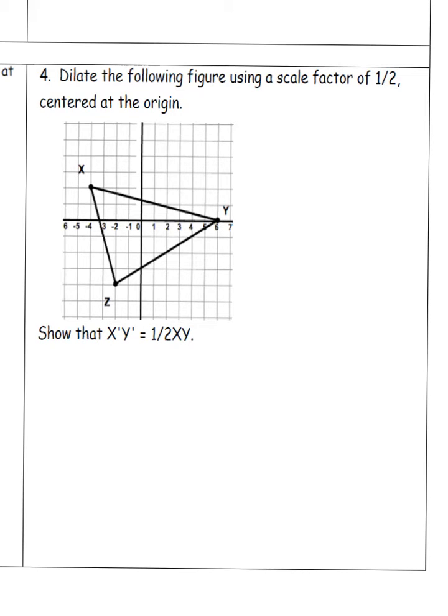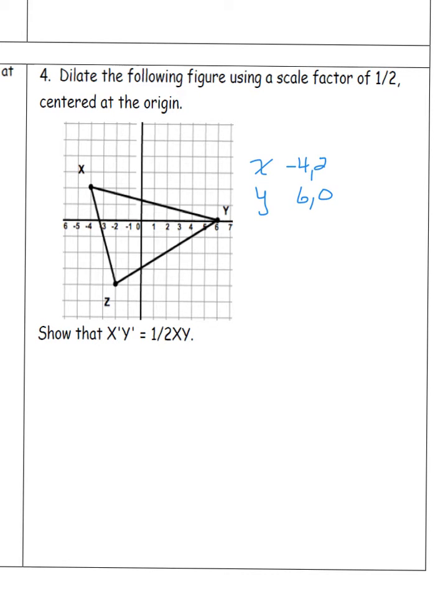Alright, so the x here, the original x, is at -4, 2. The original y, and again I'm using these because they're in the problem, it says to use x and y. So my original y is at 6, 0.